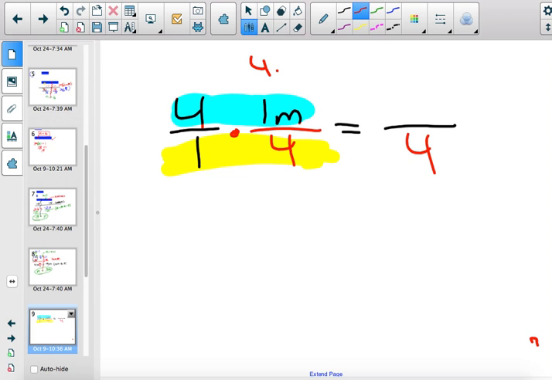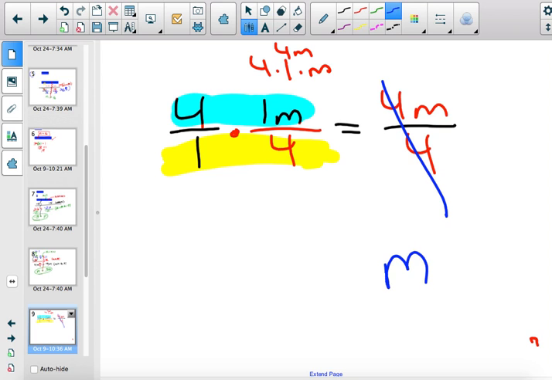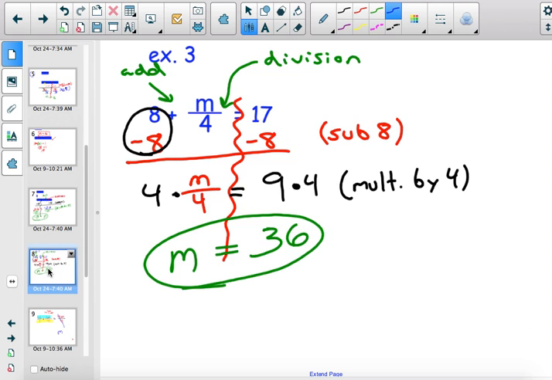What does 4 times 1 times m equal? 4 times 1 is 4, times m is 4m. Is that right? So when you multiply this across, you get 4m over 4. What's 4 over 4 equal? 1. And it equals 1m. So that's why it cancels. Does that make sense of why this cancels like this?